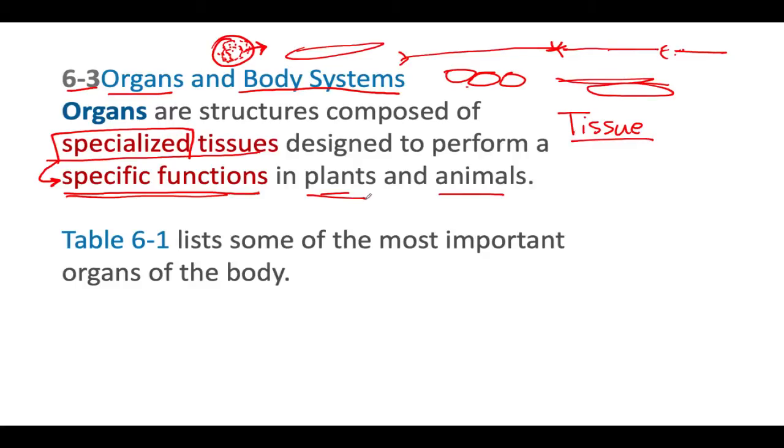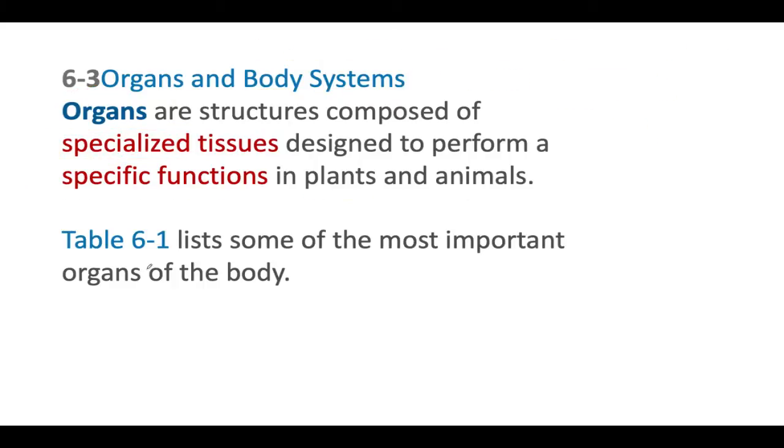This happens both in plants and animals, in all living things. In our human body, as we look at human anatomy and physiology, table 6.1 lists some of the most important organs of the body. The tissues come together and layer upon one another.